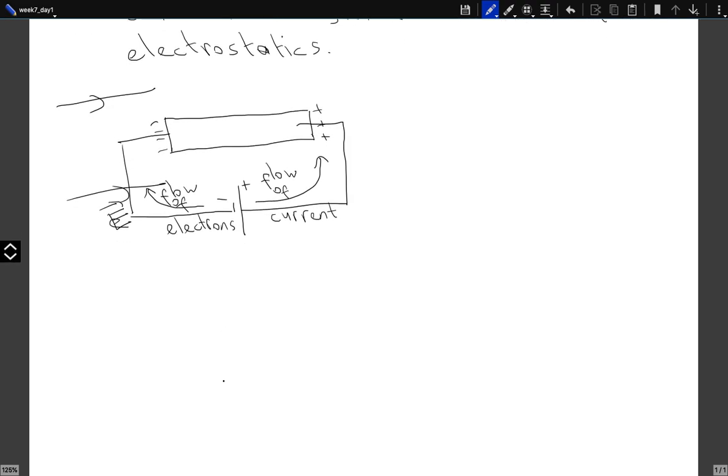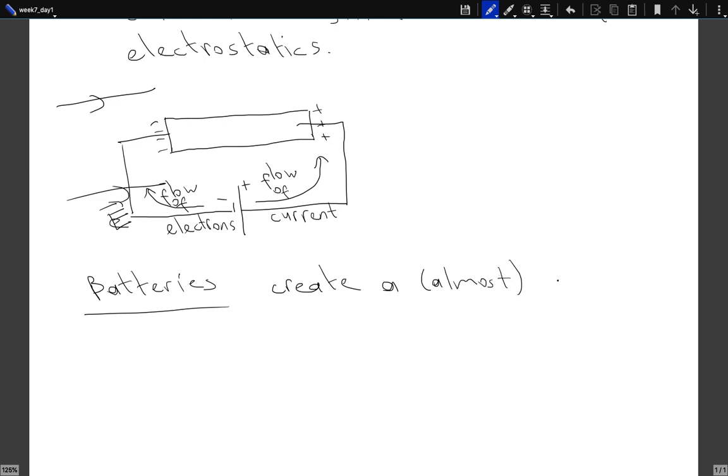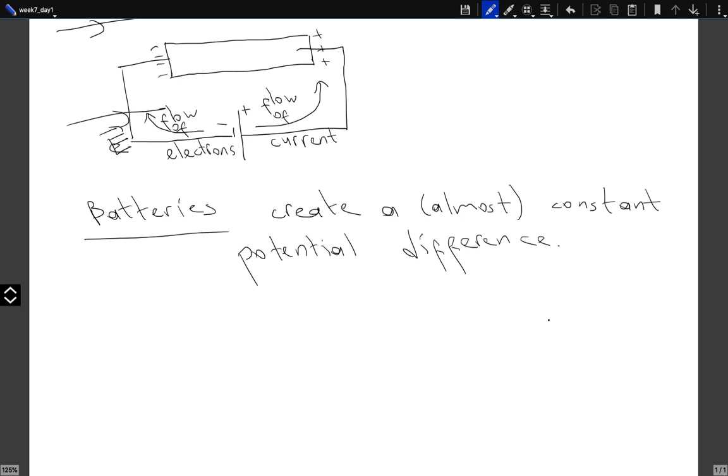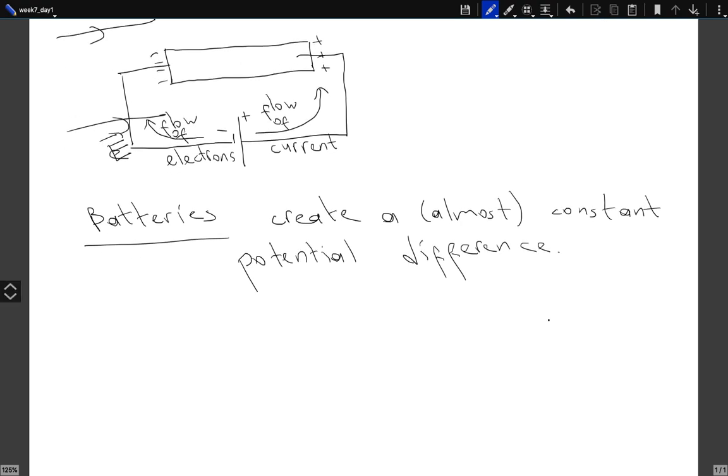Now, how does a battery do that? They create a potential difference. An almost constant potential difference. So they don't actually create a constant current, but what they do is they create a constant potential difference between the two electrodes.